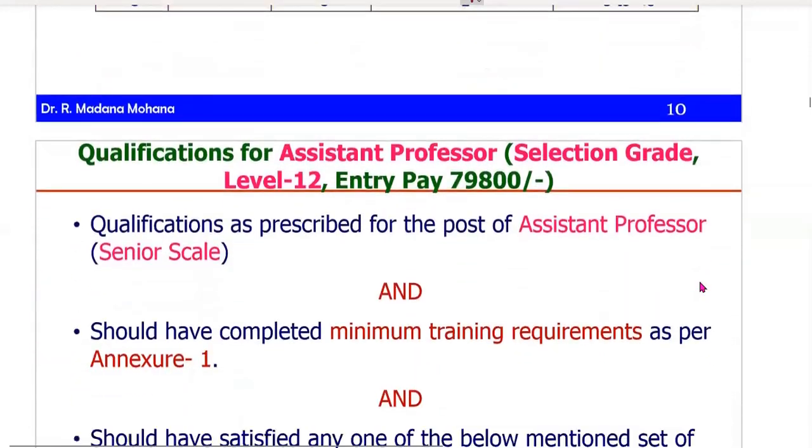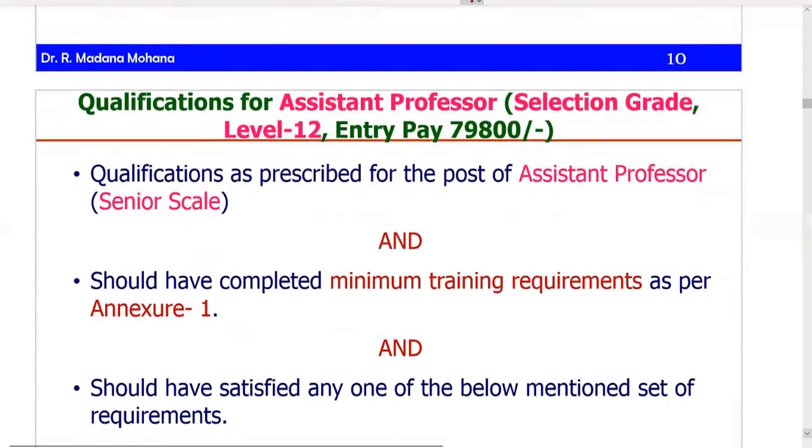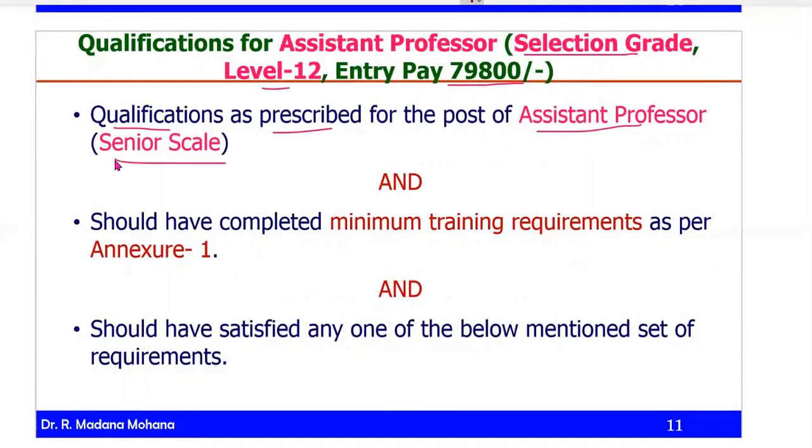So then coming to assistant professor selection grade. In assistant professor itself, there is the next level of promotion. So qualifications for assistant professor selection grade, that is level 2, the entry pay is 79,800. So qualifications as prescribed for the post of assistant professor senior scale, in the above what we discussed, all the basic requirements need to be satisfied.